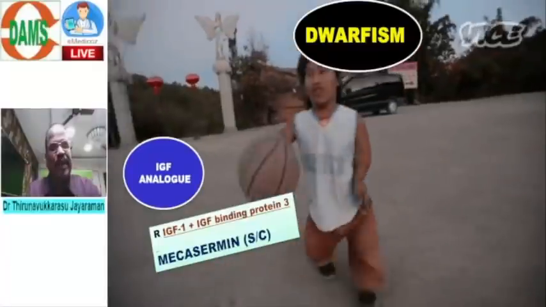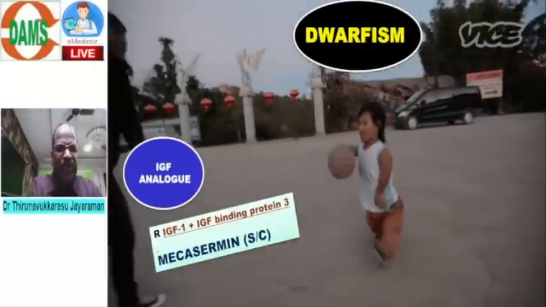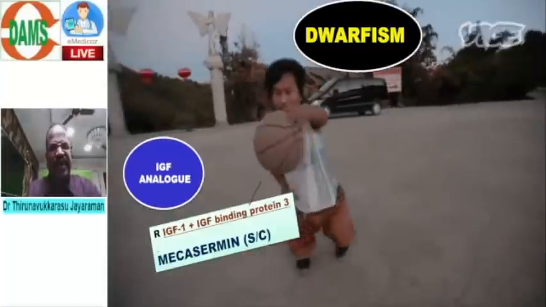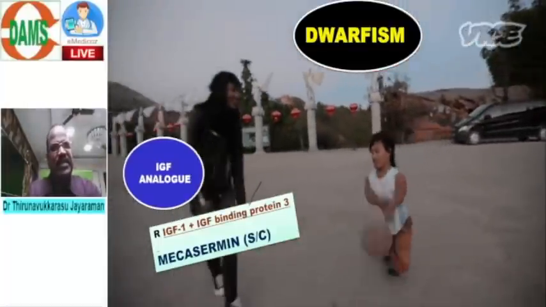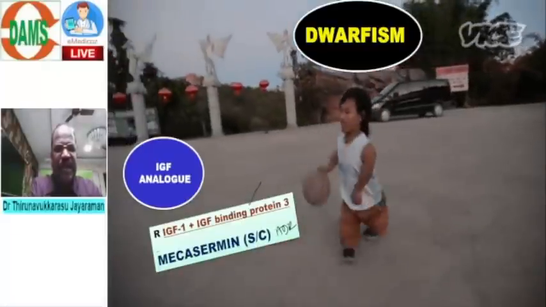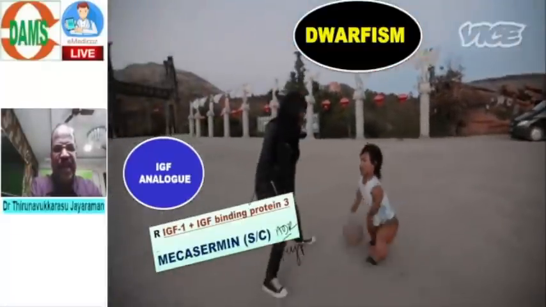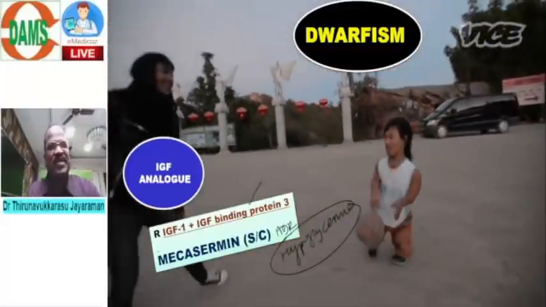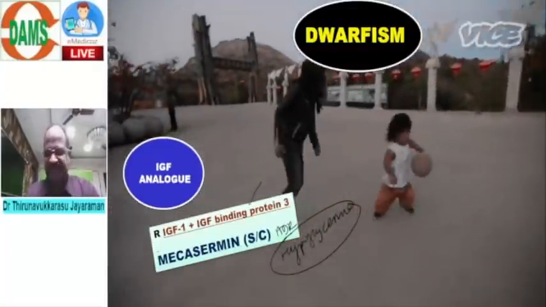It is an IGF analog combined with IGF binding protein 3. The IGF binding protein 3 is added to maintain the stability of the drug. It's an injectable drug. Since it's an insulin-like factor, it may cause the adverse effect of hypoglycemia. All these things we regularly discussed in our classroom. So straight question, easy question.